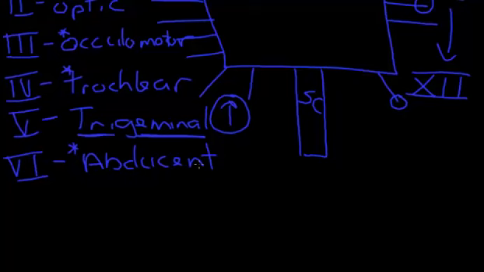But this name is related to what that muscle does. The muscle that this nerve supplies abducts the eye, or in other words, it moves the eyeball away from the midline. So this name is directly related to the function of the muscle that this nerve supplies.